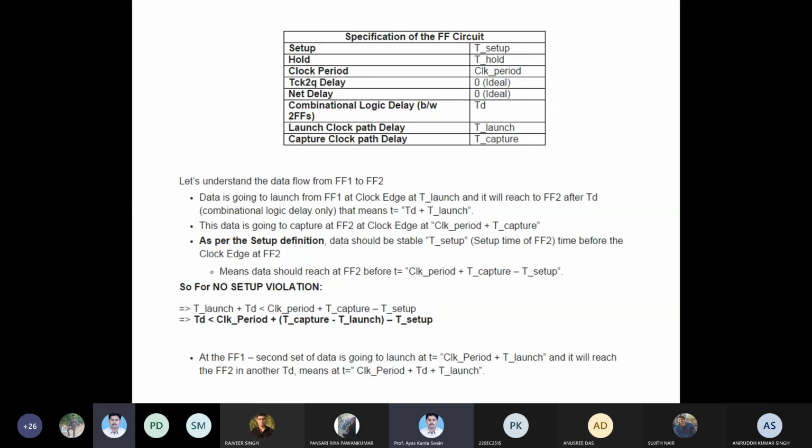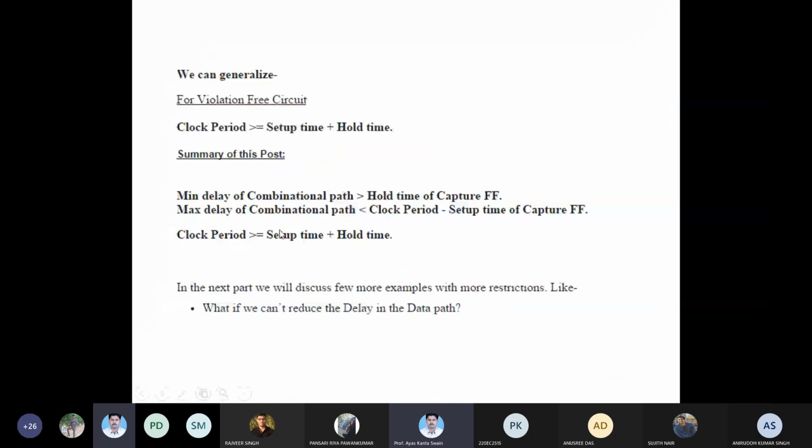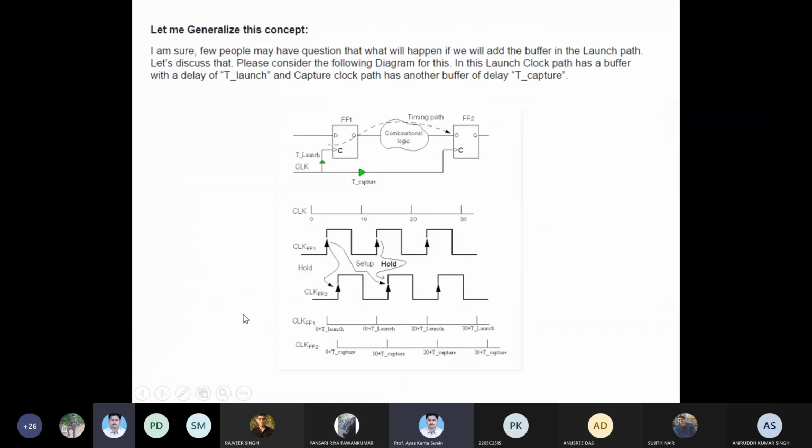So for a circuit with no setup violation, what do you need to check? You are checking that the combinational part delay TD is less than clock period minus setup time. But with that delay, T launch is also added.